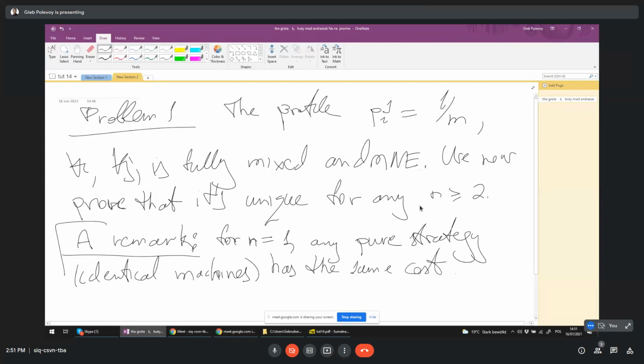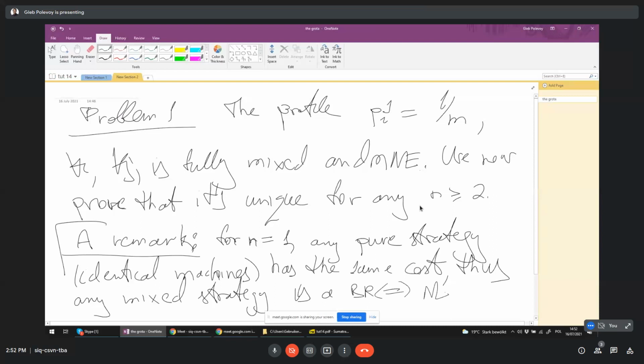Thus any mixed strategy is optimum. It's the best response, and therefore it's a mixed Nash equilibrium because there is only one player. That was just a remark.